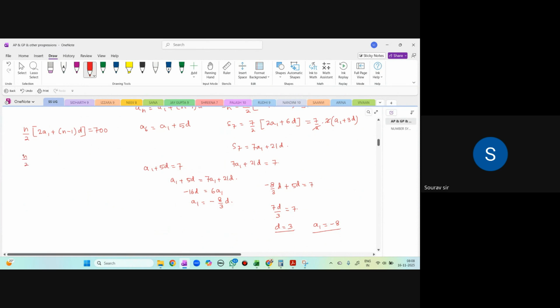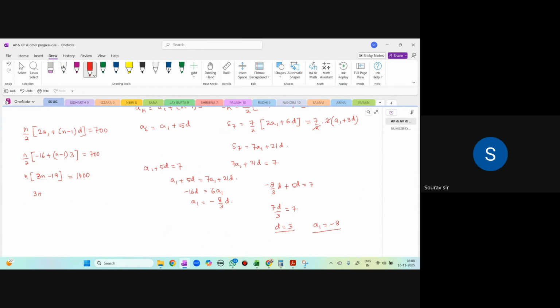So n by 2 into minus 16 plus n minus 1 into 3 is 700. So n into 3n minus 16 minus 3 is minus 19 equals 1400.